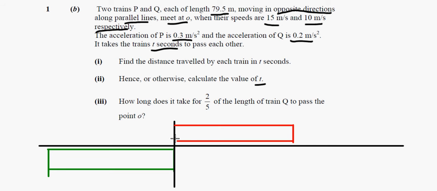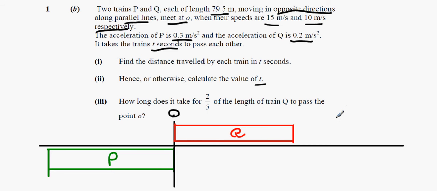Okay, so let's see what we can make of this. This is the point O. Two trains P and Q, train P, train Q.